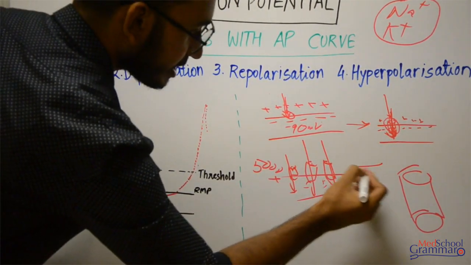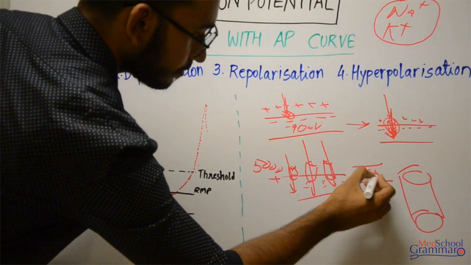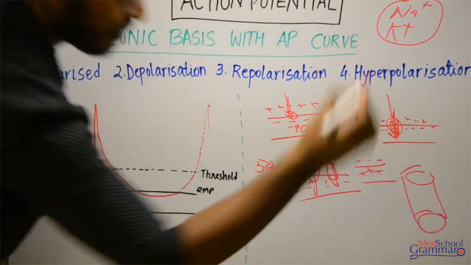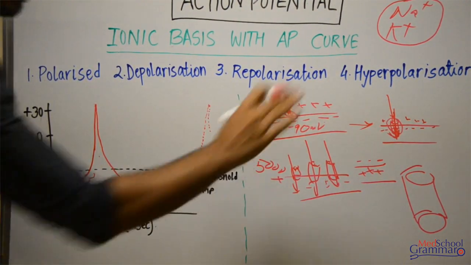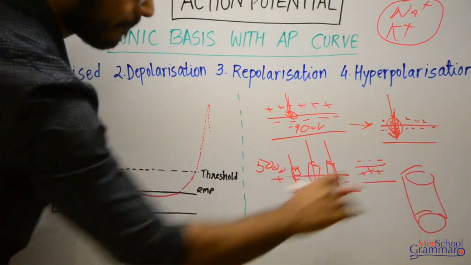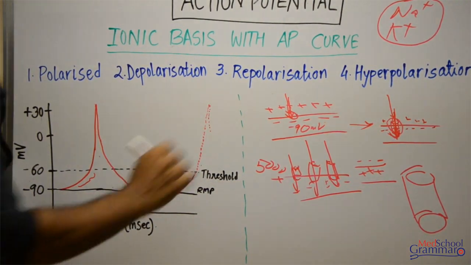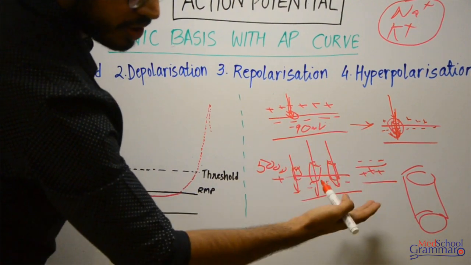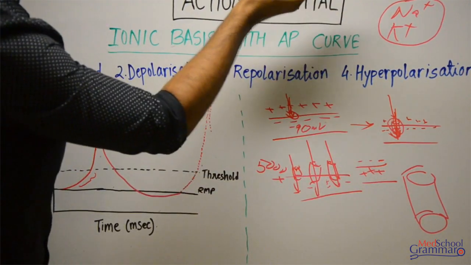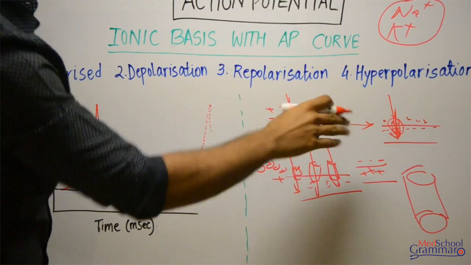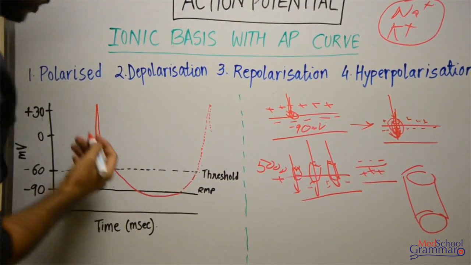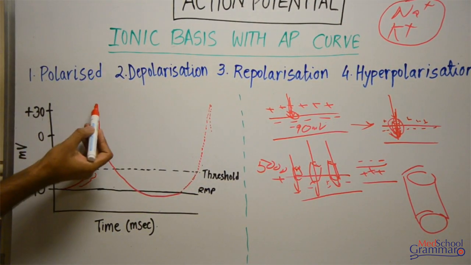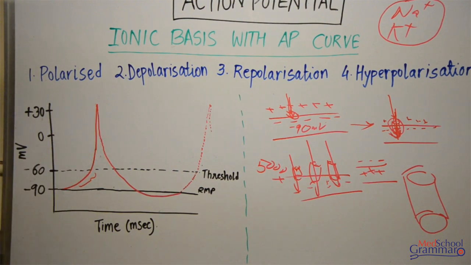That is, the insides now become positive and the outside has now become comparatively negative because a large amount of sodium has moved in. Now the question is, if sodium is moving in and the insides are getting positive, till how much amount or till what level will the positivity rise inside? As you can see here, the positivity rises till about plus 30 millivolts.